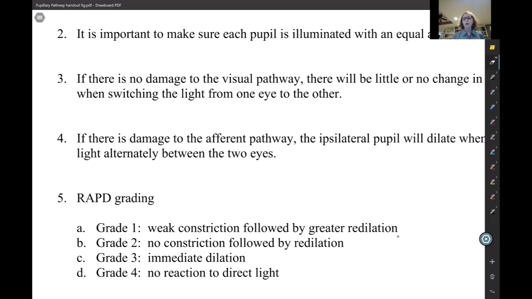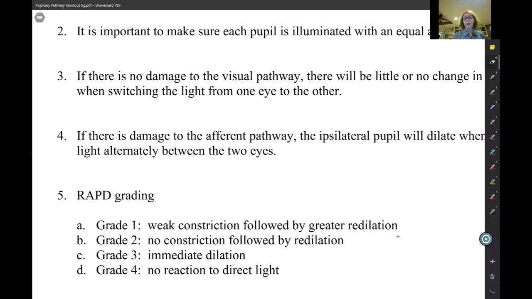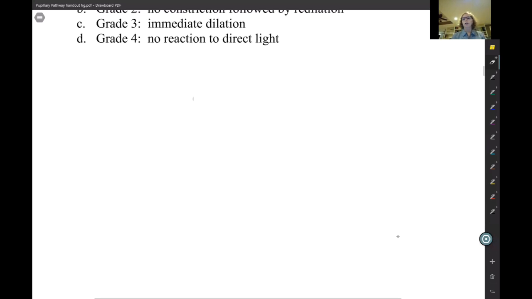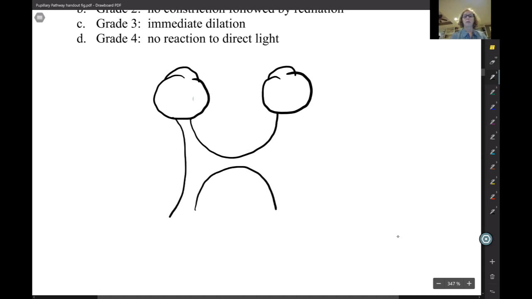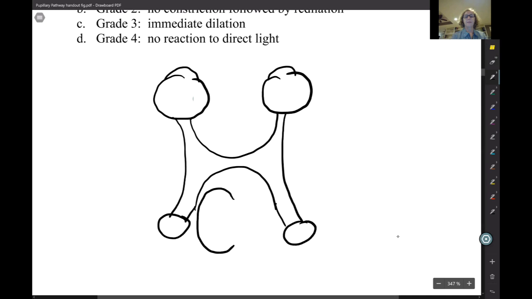So let's go over why anatomically this occurs. So again, we will go ahead and draw out our anterior visual pathway, as well as our brainstem with our pretectal nuclei and the Edinger-Westphal preganglionic area.